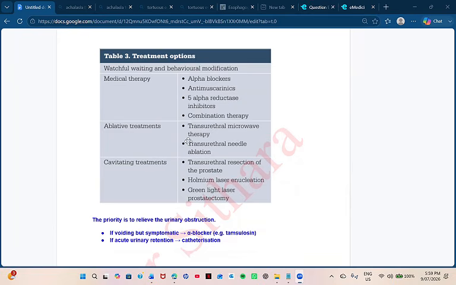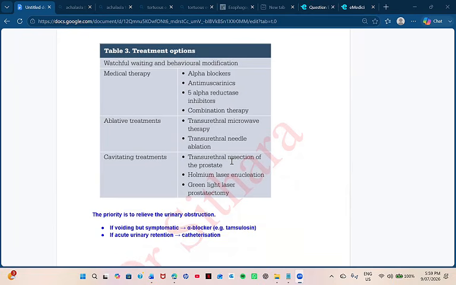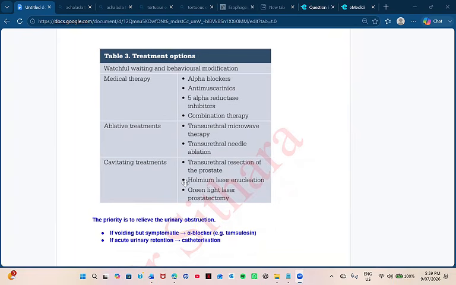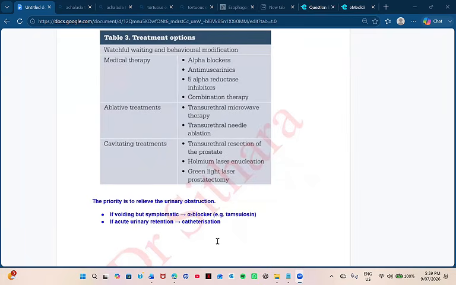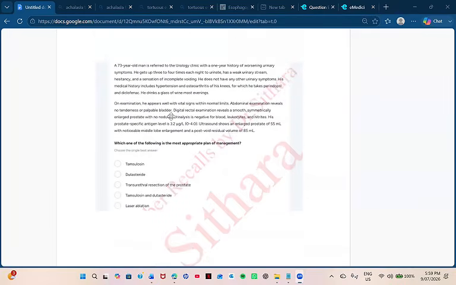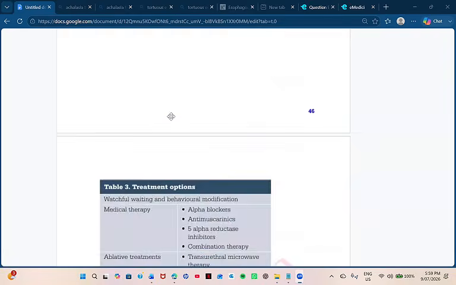Okay, ablative treatment, transurethral microwave therapy, transurethral needle ablation, those things. Okay, so catheterization is not the first step to relieve the urinary obstruction. So for voiding symptoms, you can use alpha blockers. For retention, you have to use catheterization. That is something different because it can also be given in association with that, right? Okay.